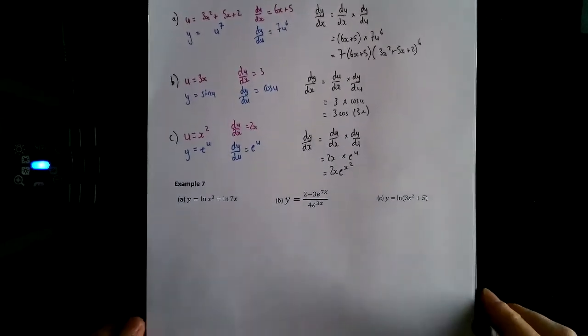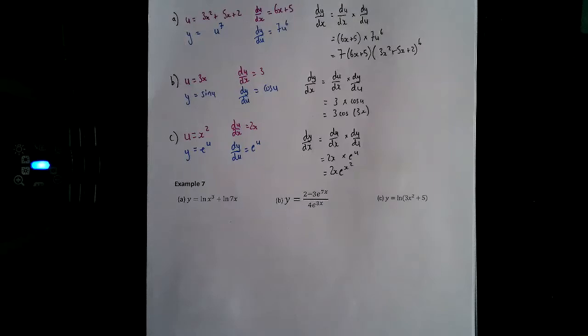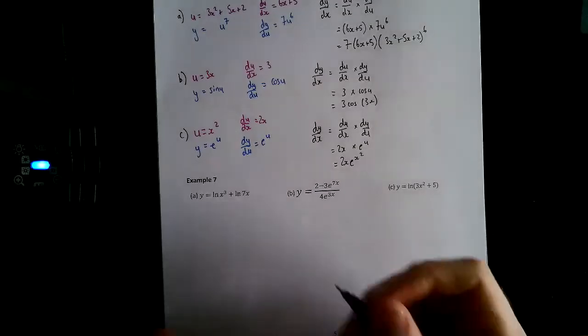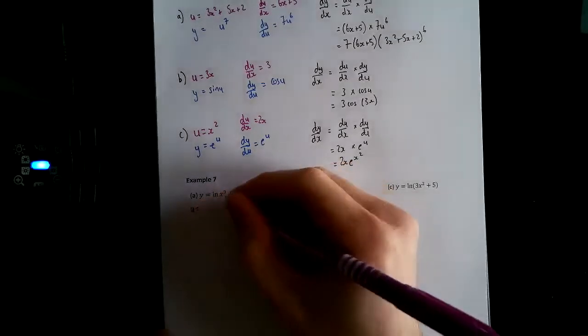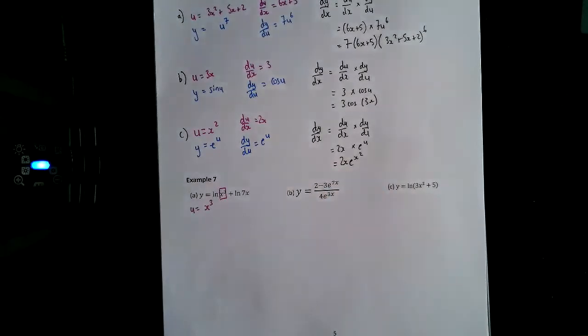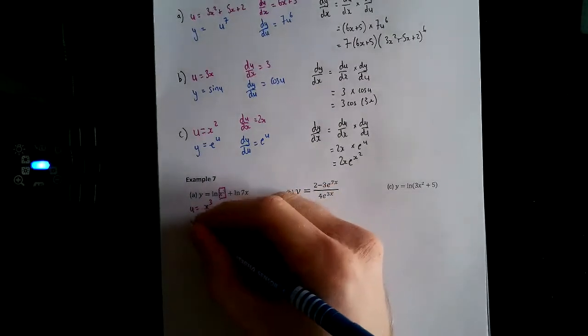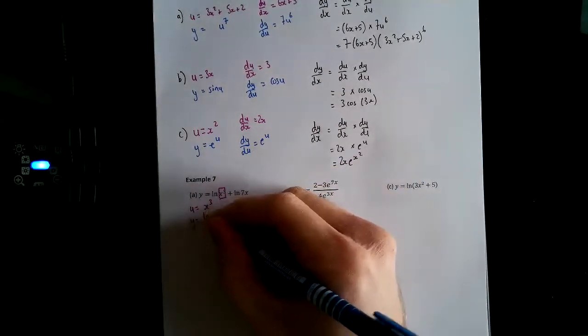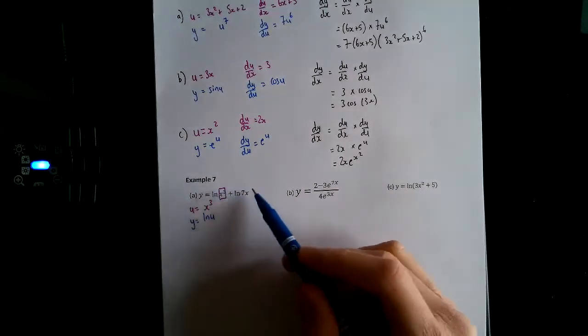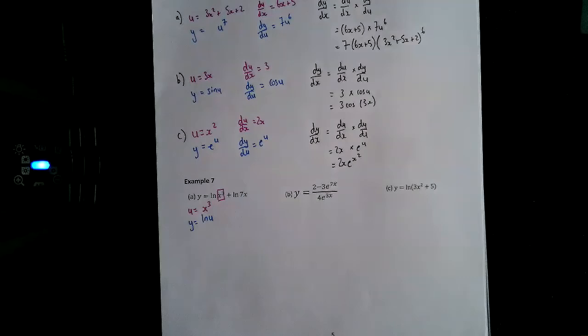Okay, a few more. So ln x cubed. Well, with this one, my u is x cubed. So then my y for this bit would just be ln u. So what I'm going to do is separate them, and do this bit and this bit separately. So I'm going to differentiate them both.